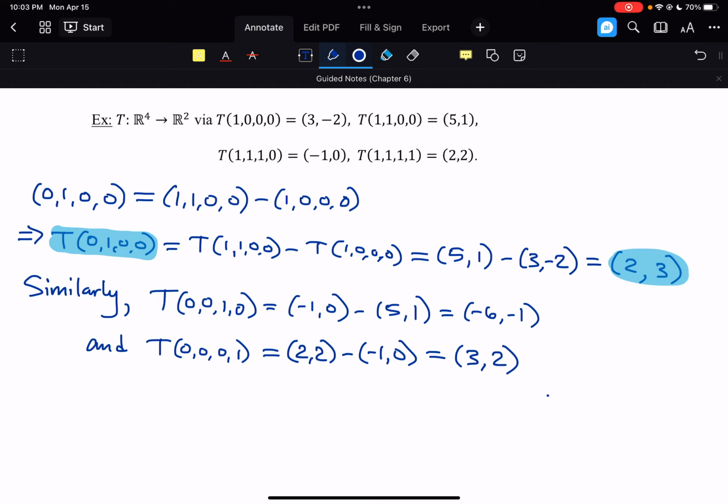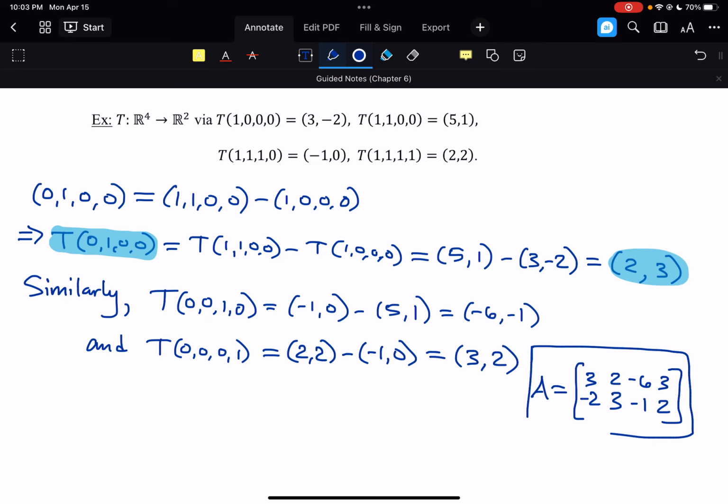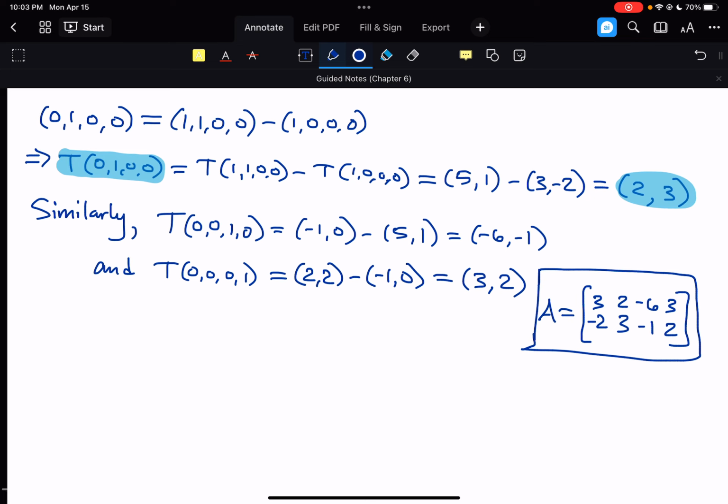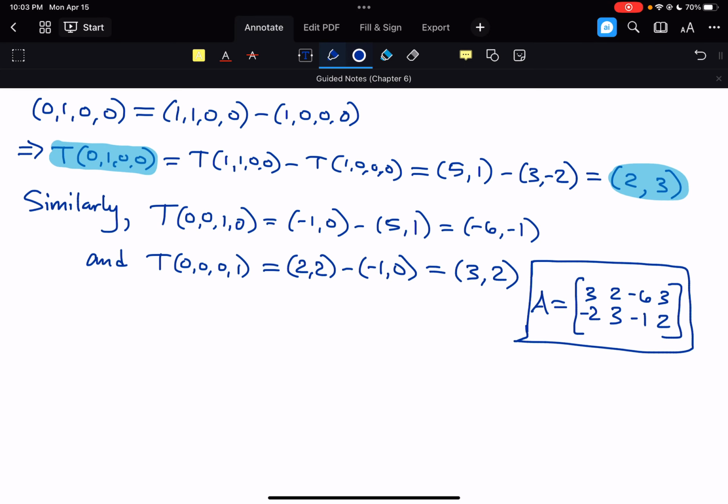So our matrix A is going to be, we start with this one, 3, negative 2, 2, 3, negative 6, negative 1, and 3, 2. So that would be the matrix for the matrix transformation.